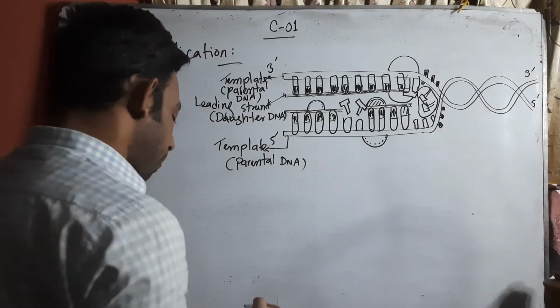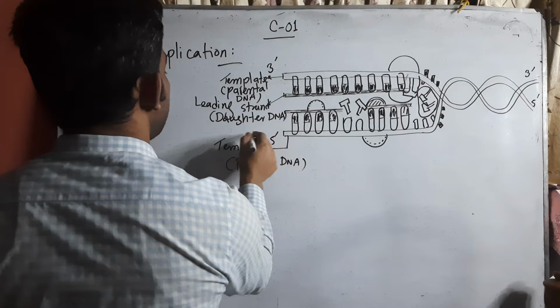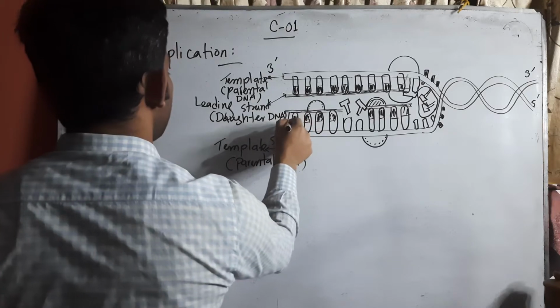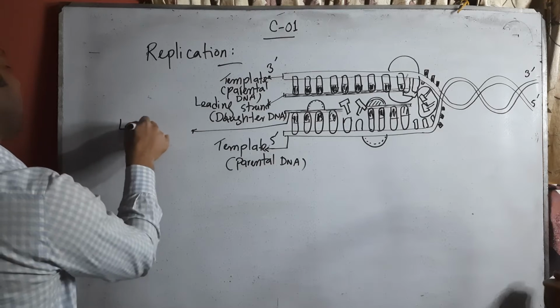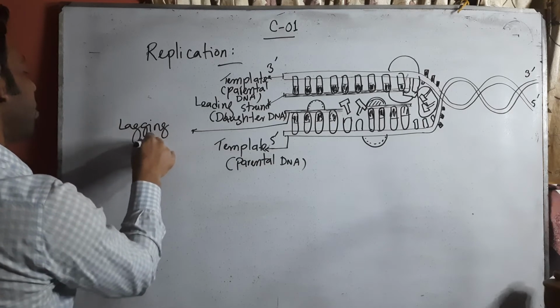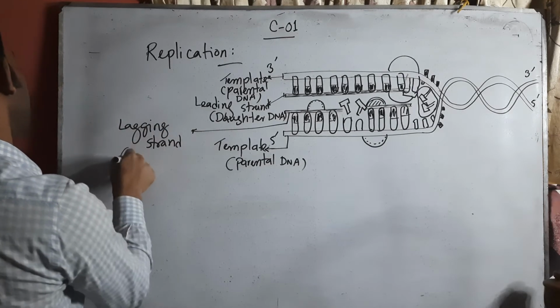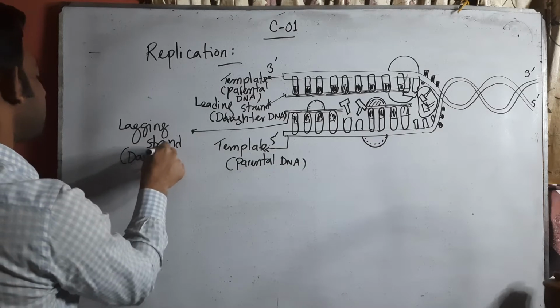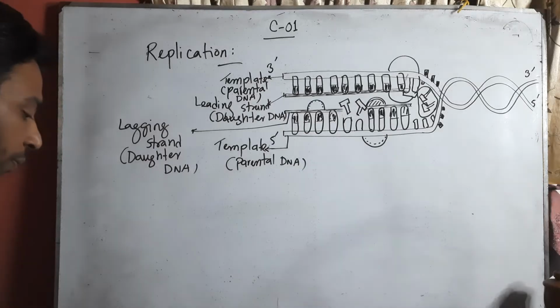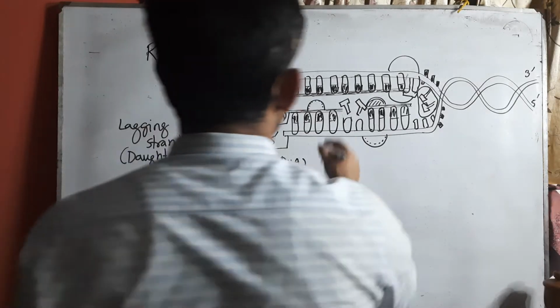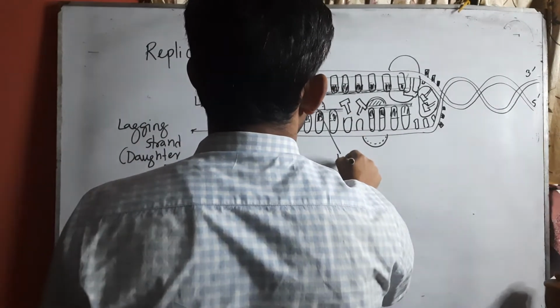And the lower part is the lagging strand. This one is also known as the lagging strand. This is also the daughter DNA. So first we tried to understand this one is the ligase enzyme.